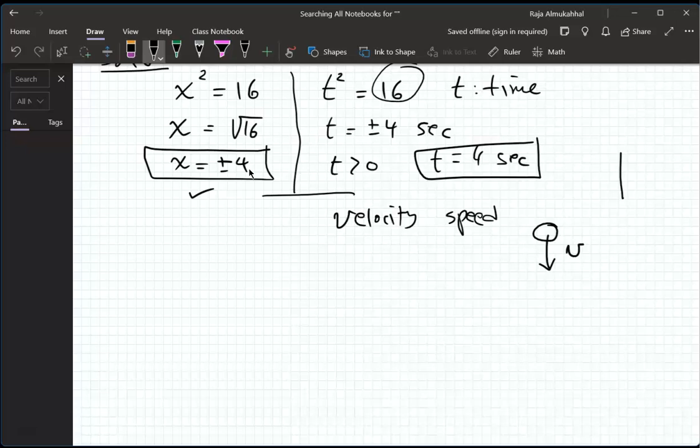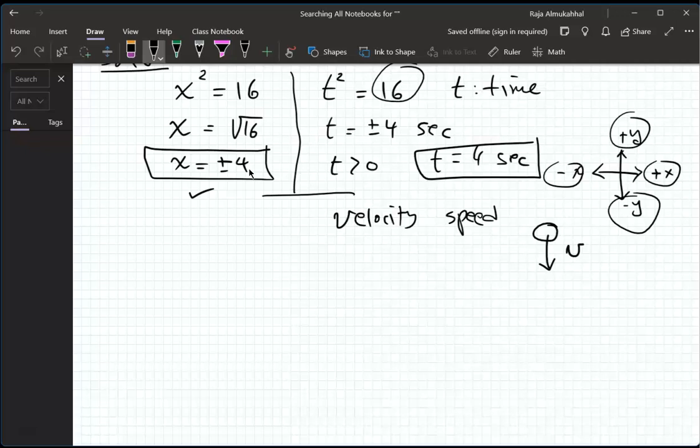And as you know from basic geometry, if I have a Cartesian system here, this is positive x, this is positive y, negative x, and this is negative y. So anything moving down is negative, moving up is positive, moving to the right is positive, and moving to the left is negative.